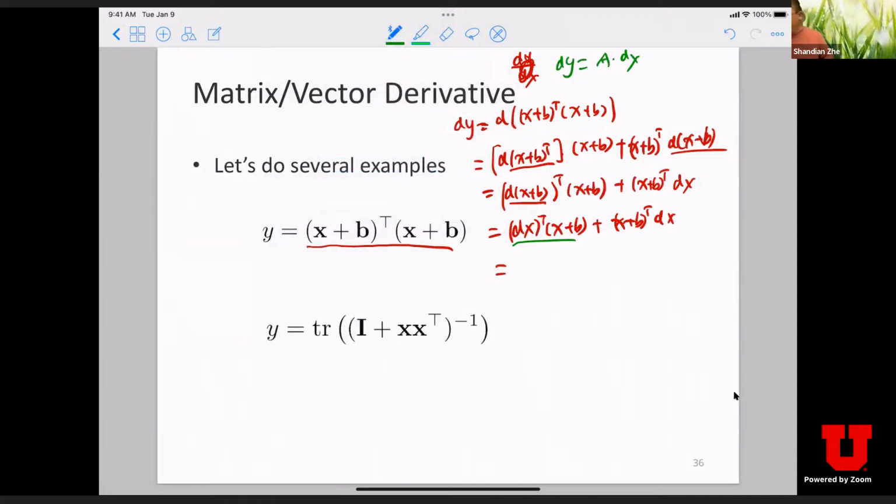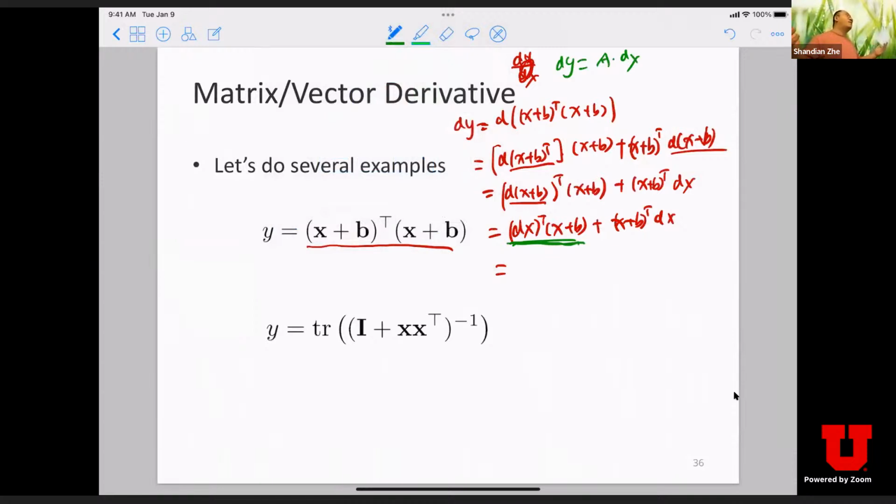So we need to observe the shape of this. Remember, whenever we're doing matrix vector operations, always keep in mind the shape and size of the result, or of the intermediate result. So what's this product? It's a scalar. For any scalar, if you take the transpose, it is itself.